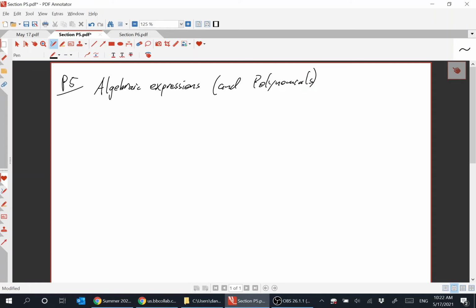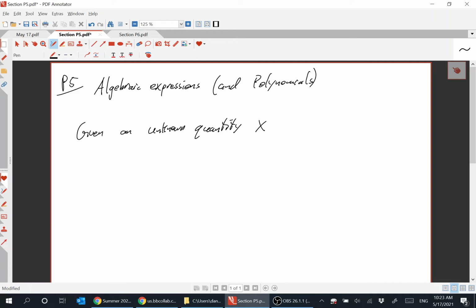All right. So, given a variable or unknown quantity, x. By the way, there's a difference between an unknown quantity and a variable.